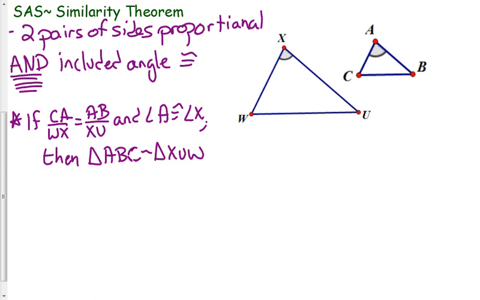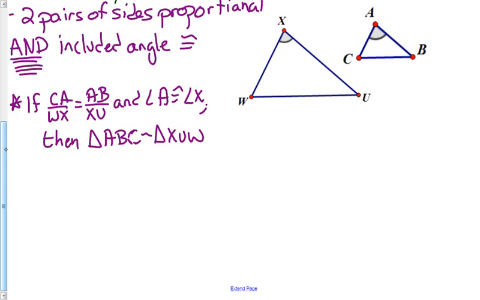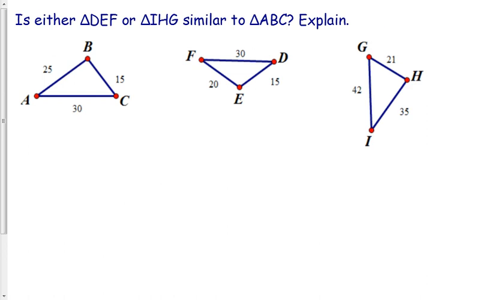So again, on both of these, you need to be proving sides are proportional. These ones you're not necessarily going to be doing a two-column proof, but you're going to be justifying or using them to prove or say that they are in fact similar.